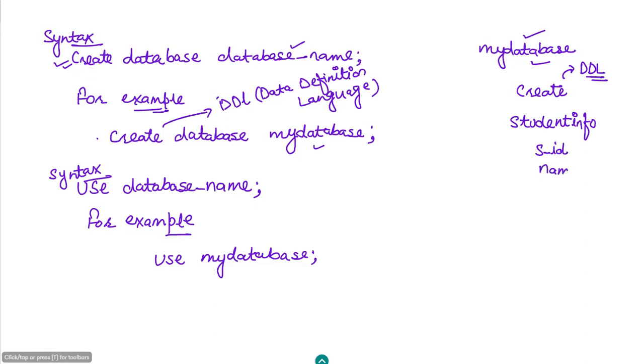Name, student address, mobile, and country, right? So these are sufficient to give an example, right?